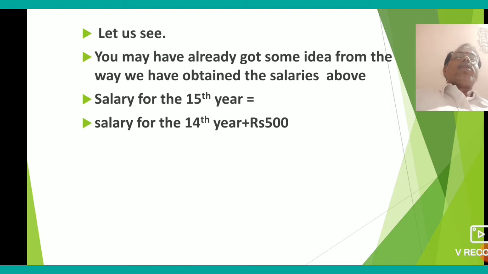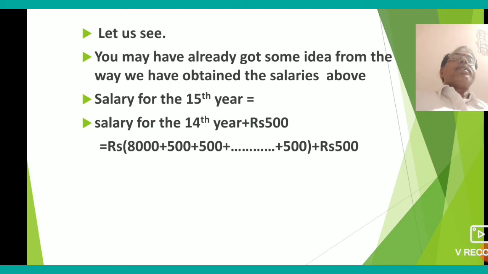So what is the pattern actually? Salary of the 14th year plus 500. That is the previous year's salary plus the 500 increment. 500 is the increment. So 14th year salary means what? By using those 8,000s and 500s, 8,000 plus 500 plus 500 plus 500 and so on. 500 is repeated how many times in the 14th year? 13 times.